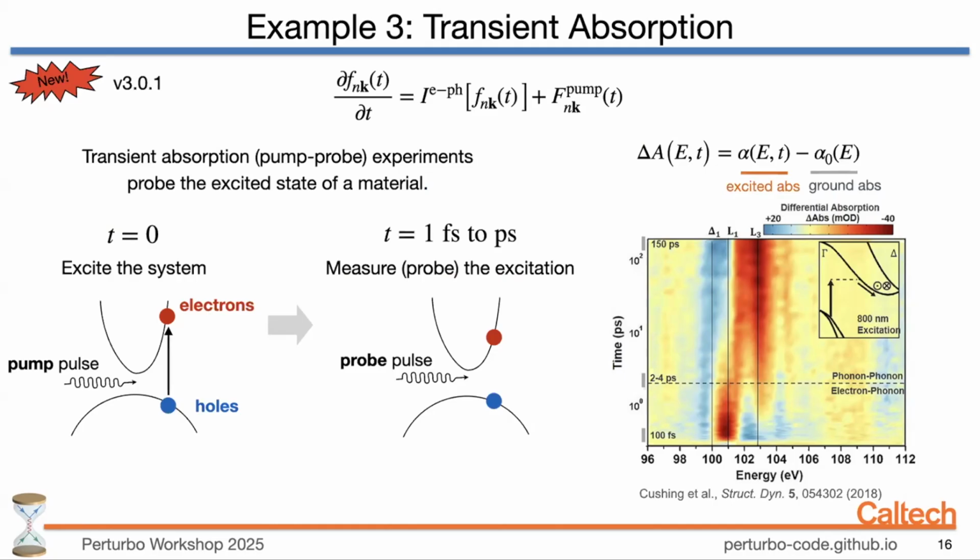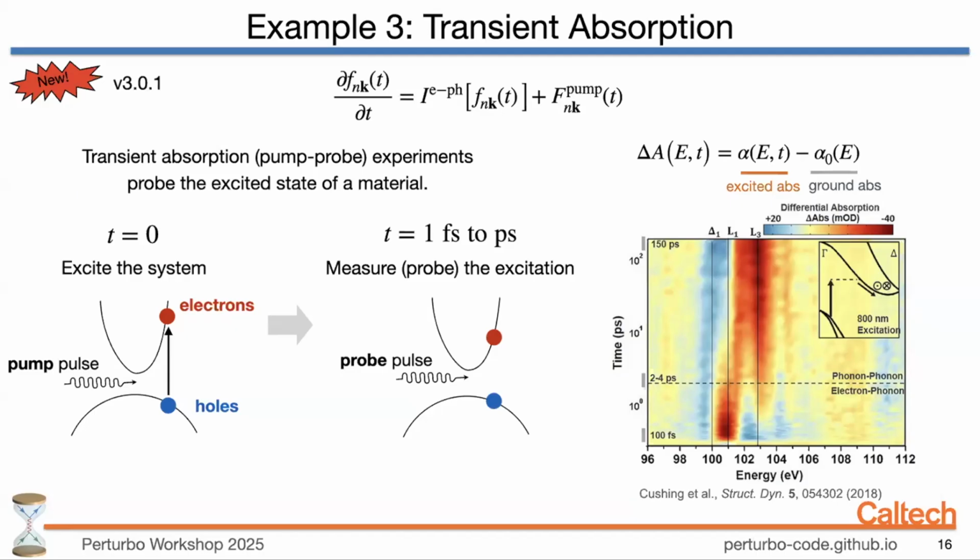So this will be a perfect tool to simulate, for example, transient absorption in pump-probe experiments, where you excite a system with a pump pulse at time equals 0, and your pulse will generate pairs of electrons and holes in the system, and then you will send a probe pulse after a certain amount of time to probe the relaxed carriers and see the effect of this excitation.